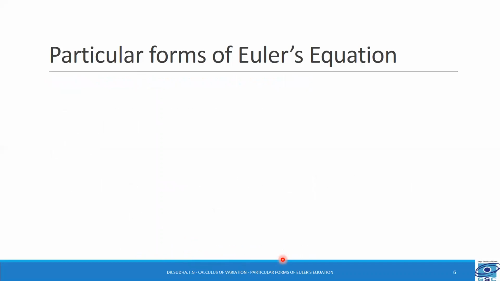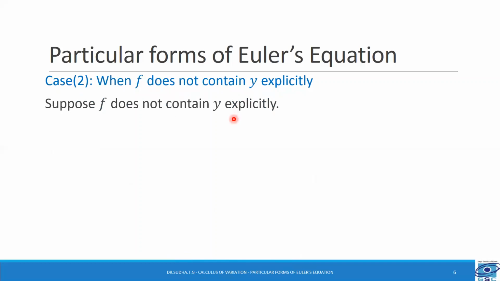Now let us see the second particular form of Euler's equation, that is when f does not contain y. When f does not contain y, that is f is independent of y, the derivative of f with respect to y becomes 0.